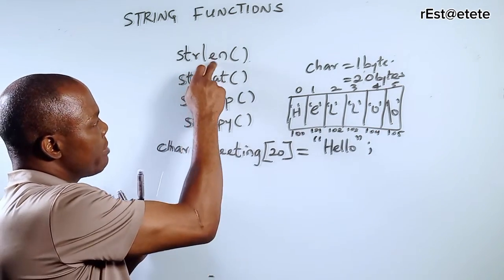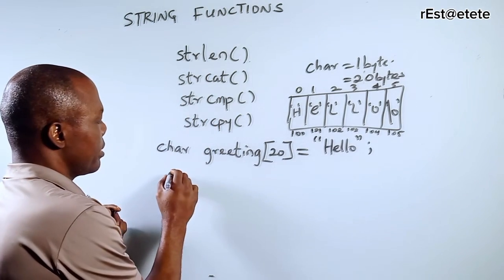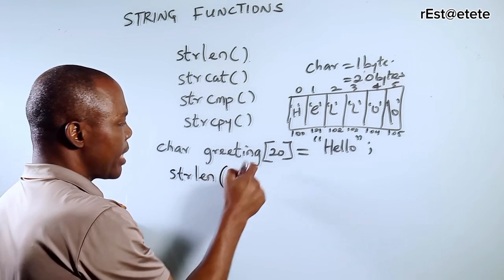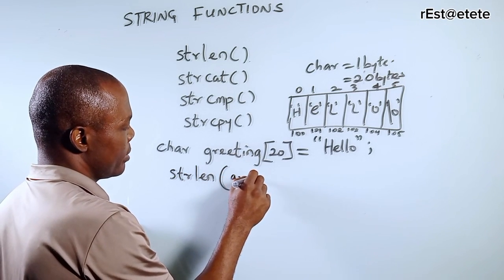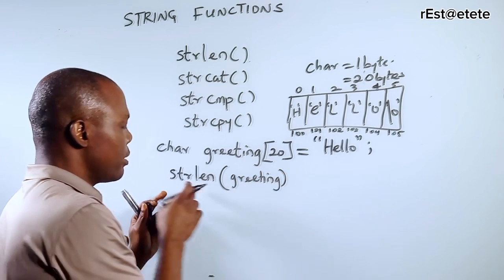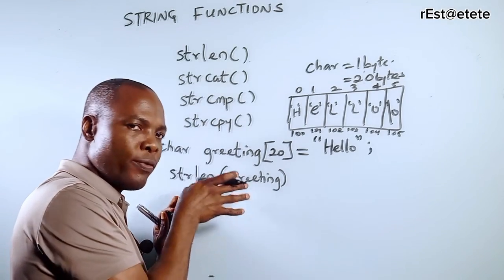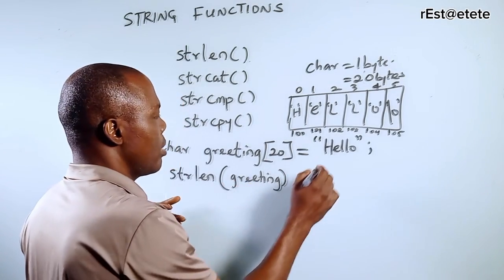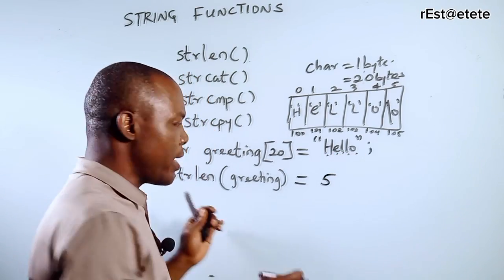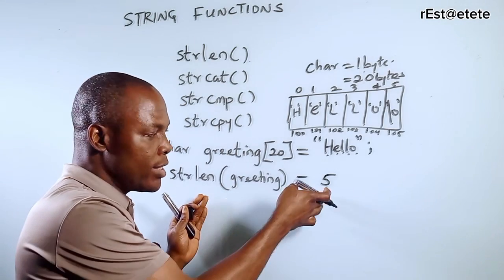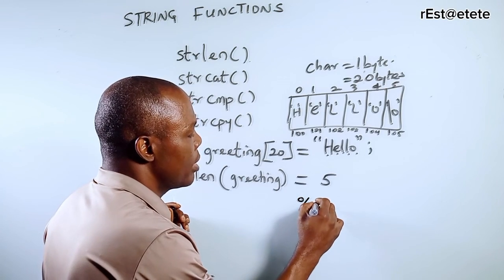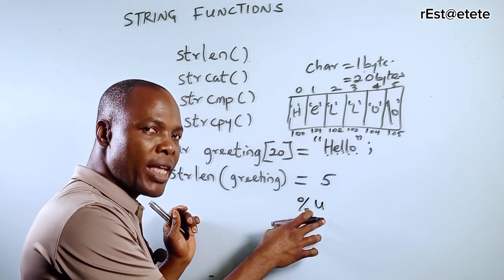Now, if I call this my string length, strlen, and I supply these greetings to it, and give this to my print function, this will print out 5. And the format specifier, because it's going to return an integer, will not be percentage s. The format specifier will be percentage u, which is unsigned integer.